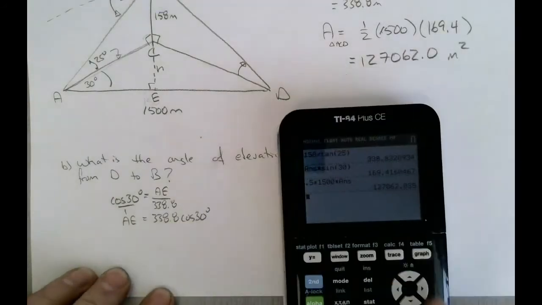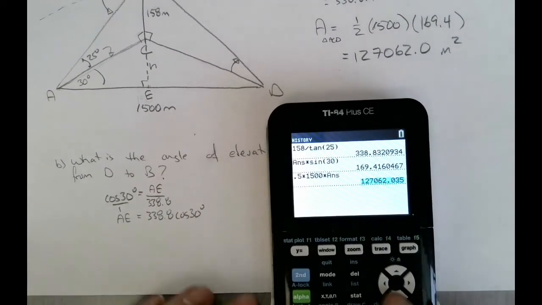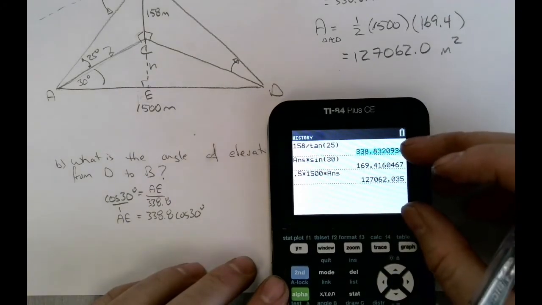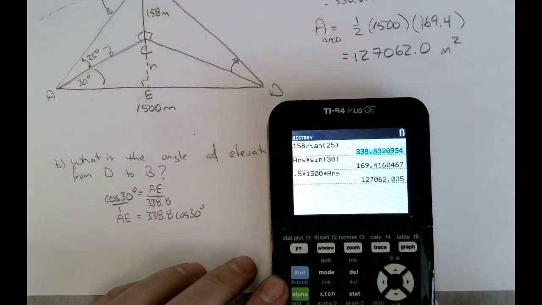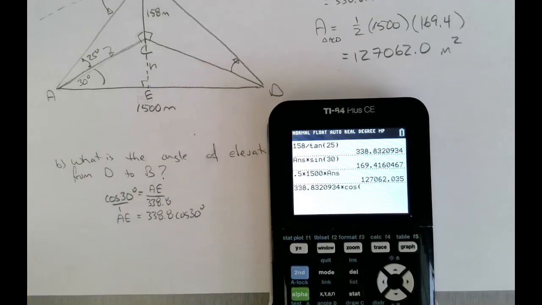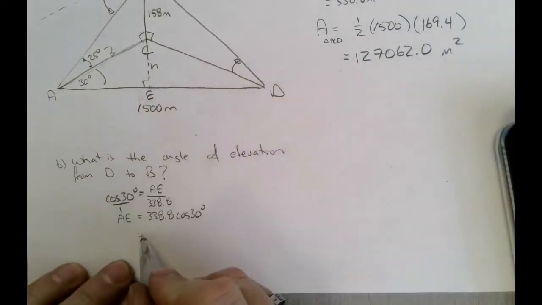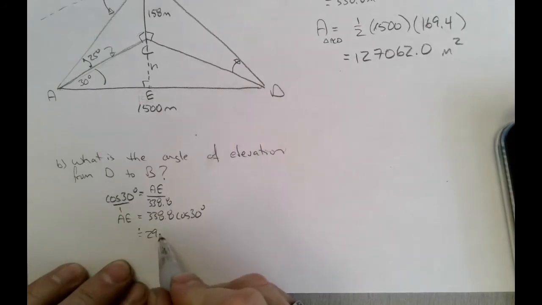Now, the nice thing about the calculator that I've got here is I'm going to go up with my arrow keys to that number and press enter on it, and it just grabs it right there. So I don't have to retype it. And I can multiply by the cosine of 30. Okay, so my answer here is approximately 293.4 meters.